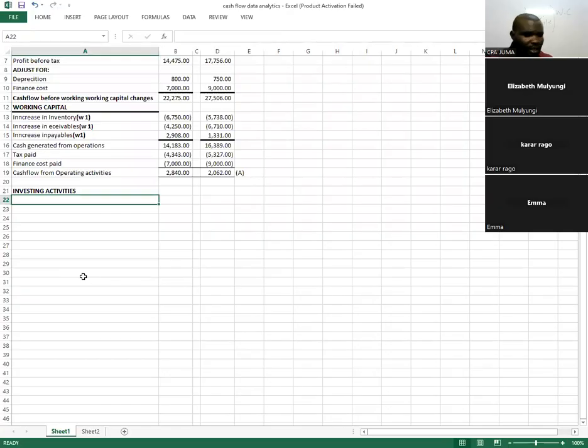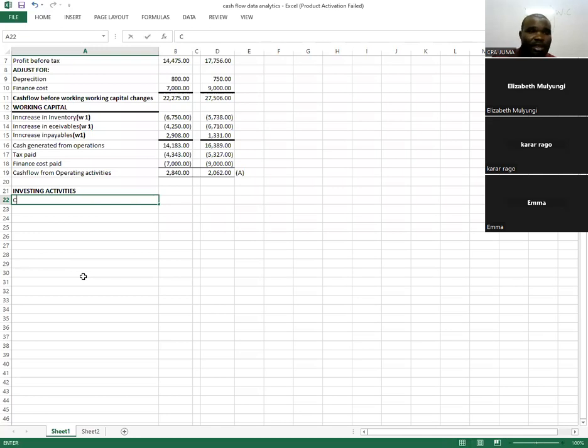So we are back. Investing, we have said they acquired, because there is a constant increase. That increase means these people acquired the assets. So it is cash out.